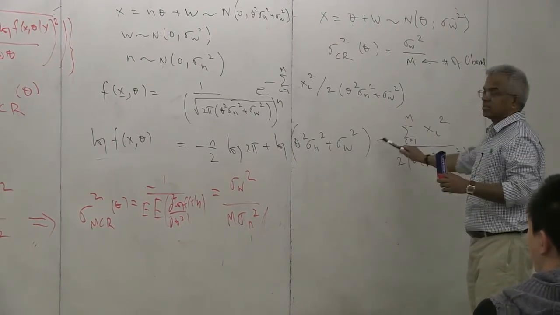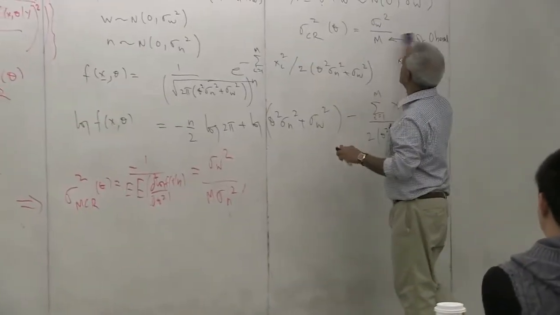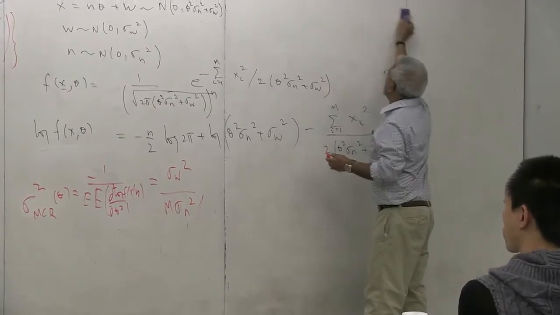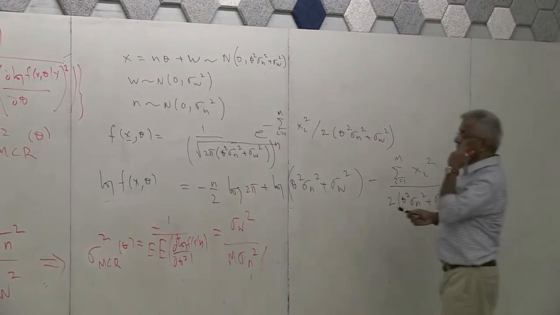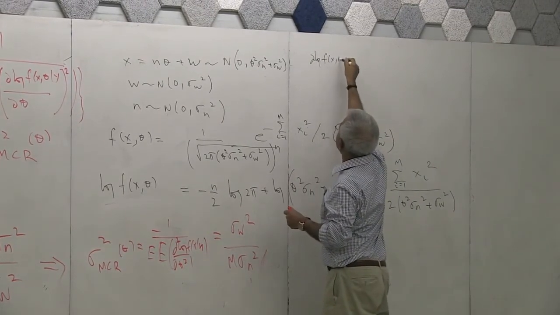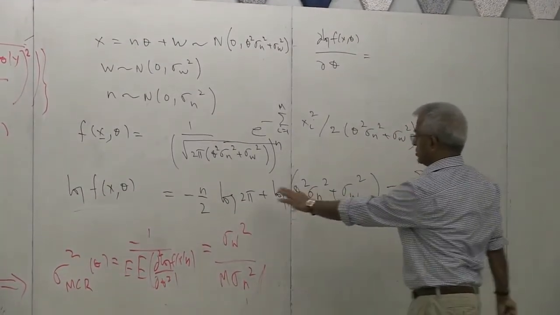So this is a mess because now you need to take the derivative with respect to theta. What's the derivative of log f of x comma theta with respect to theta? Look here, you have two terms. This term goes away.